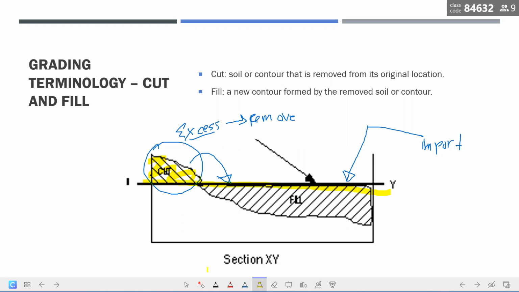But of course, another possible reason for you to carry out cut and fill is that you want to modify or alter the flow of surface water or the water runoff from one area to another. So it's not always necessarily to build, but also to deviate water and any other unwanted attributes in and around the site.